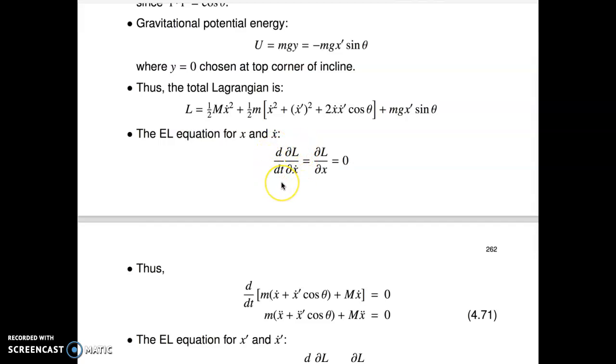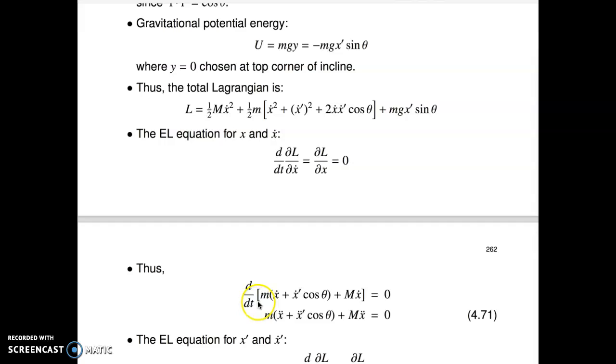This term is going to necessarily be equal to 0. Okay, so try to follow the logic of that. Go write this with the negative sign for the proper Euler-Lagrange equation. Note that this term is equal to 0. Therefore, this term must be equal to 0.